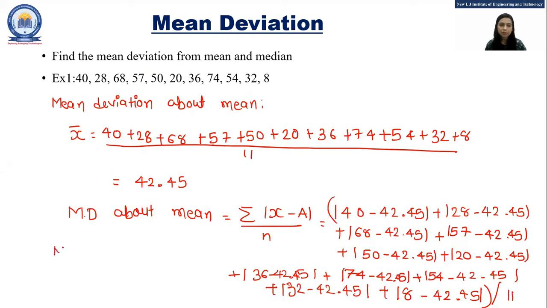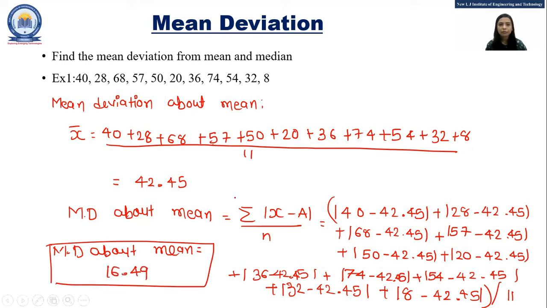So the mean deviation about mean is equal to 60.49. This way we can find the mean deviation about mean.